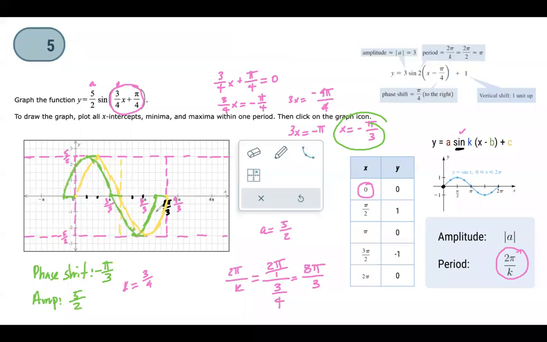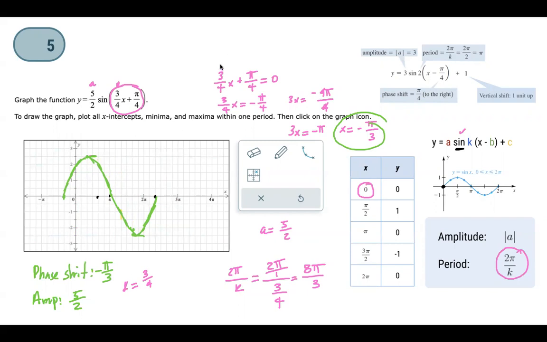And now we can get rid of all the unnecessary intermediate steps. Just get the green graph over there.